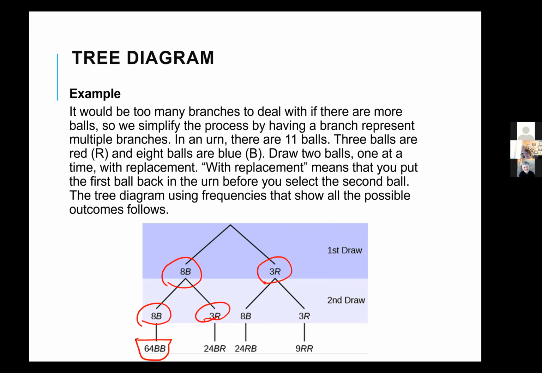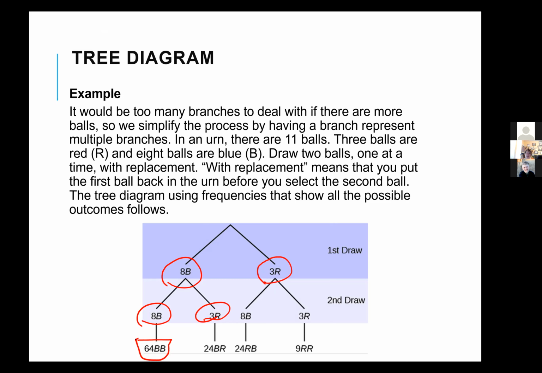So 64 out of the total, which we'll calculate in a minute, the total number of outcomes we could have in the sample space. 64 of those could be blue. Now, if I drew a blue one the first time and a red one the second time, that branch is 3 reds. So there are 24, 8 times 3, different possible outcomes where the first ball was blue and the second ball was red.